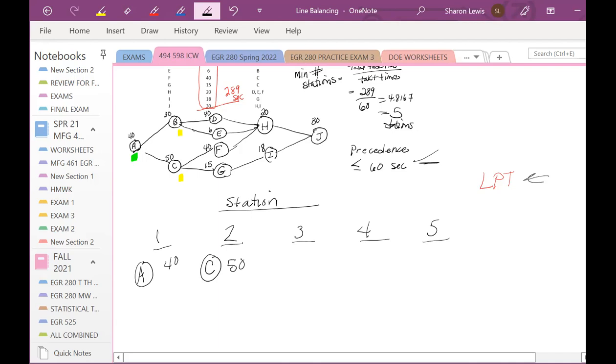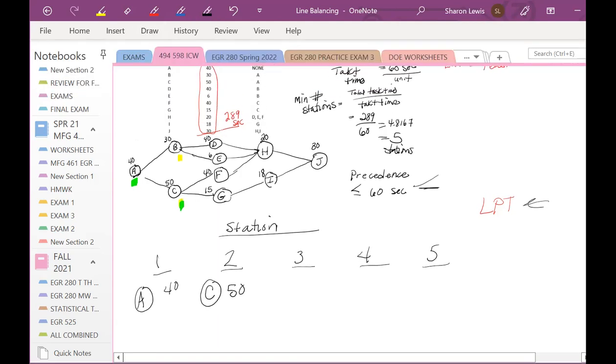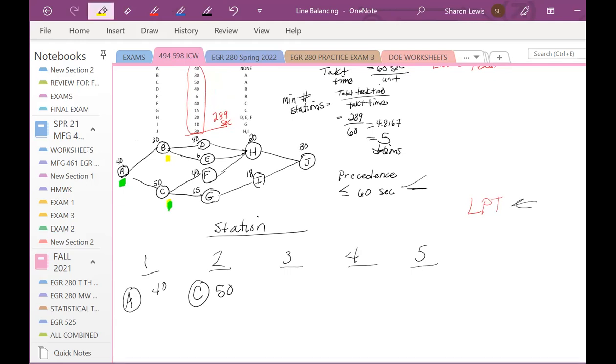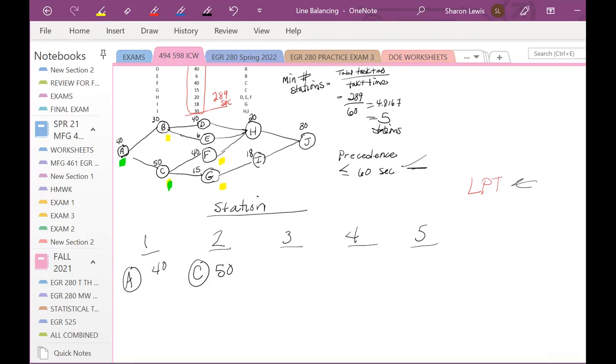Now that's in there at 50, and that's done. Then let's look at our candidates. B is still a candidate, but now we have F and G as candidates as well. Let's see if anything will go into station 2. B is 30, F is 40, G is 15.